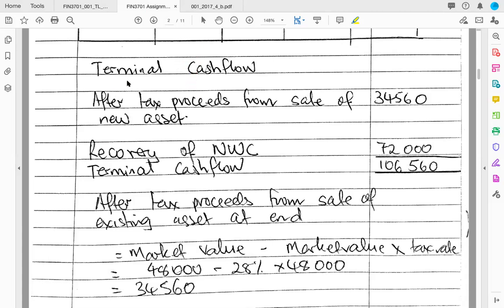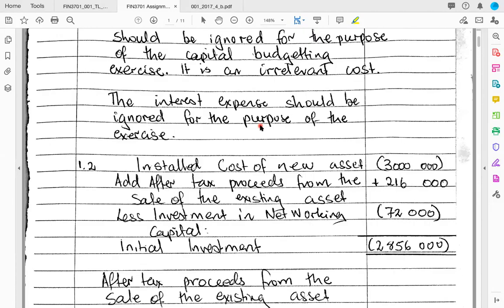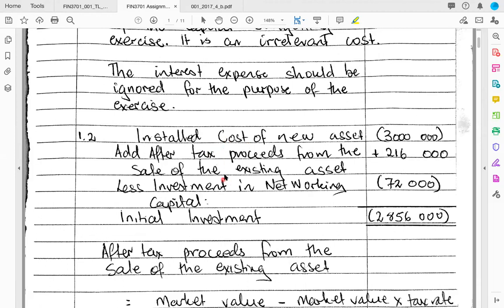Okay, so how do we calculate the terminal cash flow? We simply take the after-tax proceeds from the sale of the new asset at the end of its life. That's important. Compare that with what we did when we were calculating the initial investment.